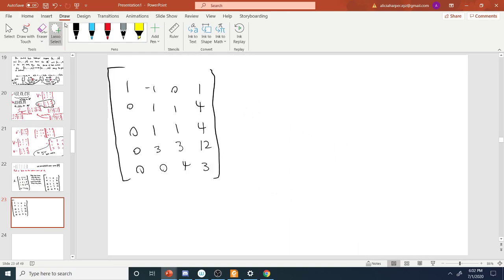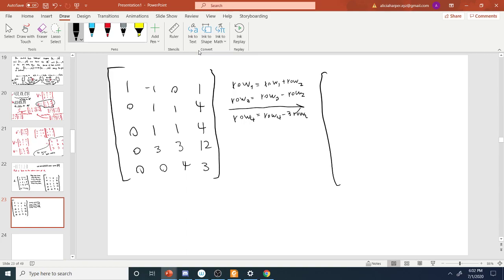Now I can do some simple work, which is I can set row 1 to be equal to row 1 plus row 2. I can also set row 3 to be equal to row 3 minus row 2. And I can set row 4 to be equal to row 4 minus 3 times row 2.